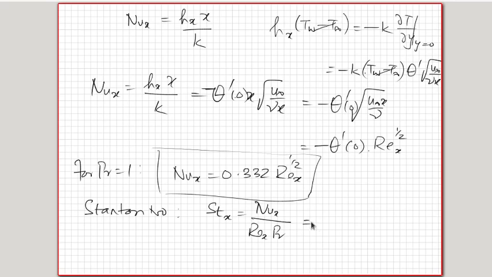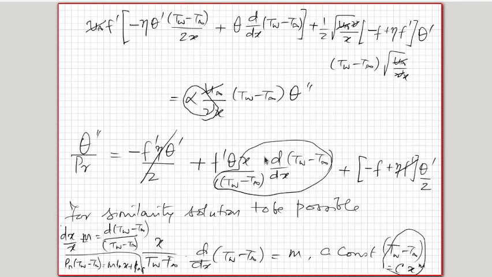and here since Prandtl number is 1, you get this divided by Re. So this is equal to 0.332 into Re x to the power of 1, so you will get Re x to the power of minus half. Okay, and from the fluid mechanics result, I know that C f is 0.664 into Re x to the power of minus half.